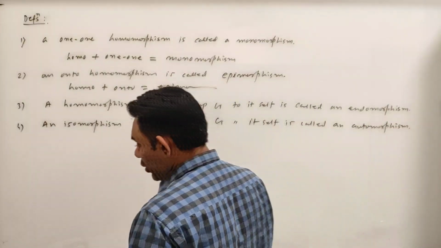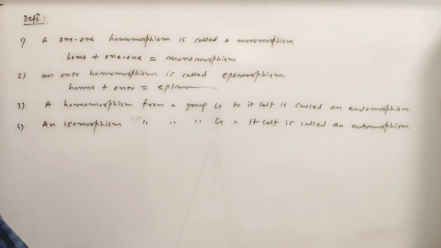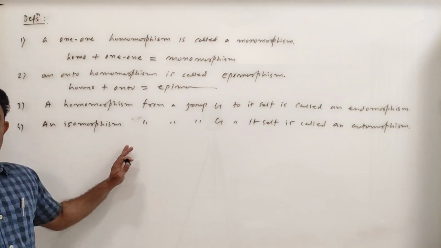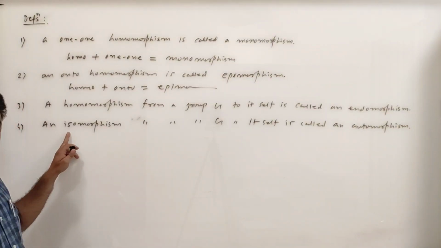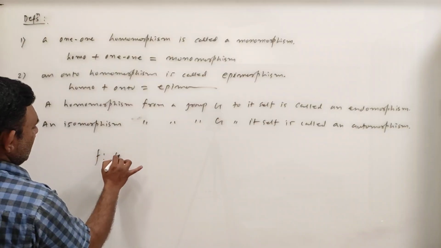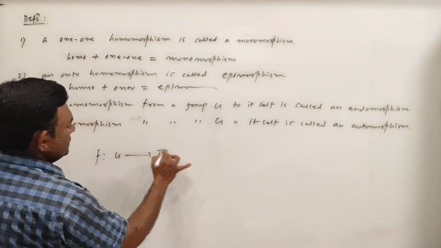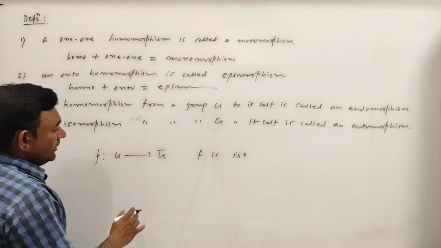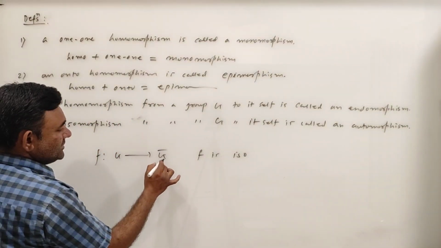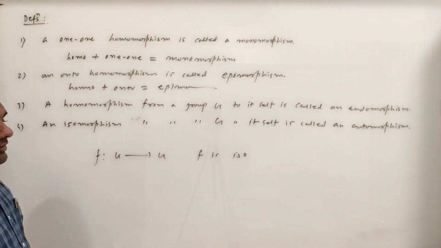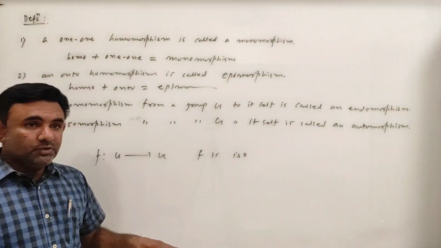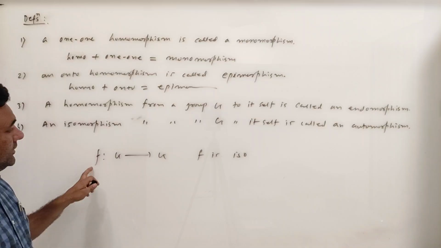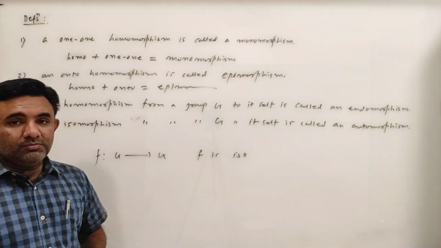Suppose I have an isomorphism F, a mapping from G to G bar. Now suppose G bar is the same as G and it is an isomorphism, then I will say F is an automorphism, right?